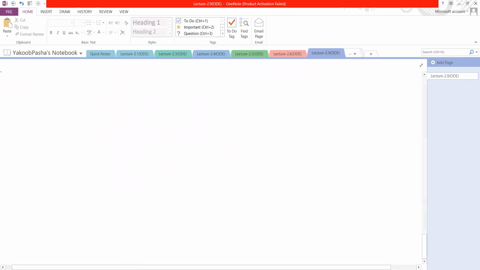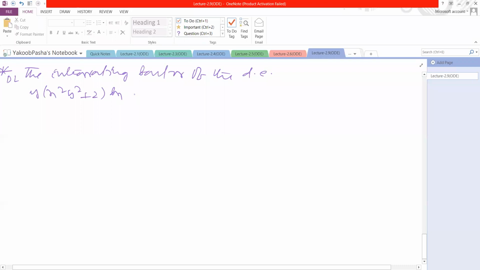The integrating factor of the differential equation y into x square y square plus 2 into dx plus x into 2 minus 2x square y square into dy is equal to 0 is. This is a question from DL.